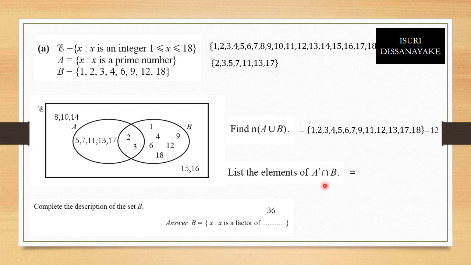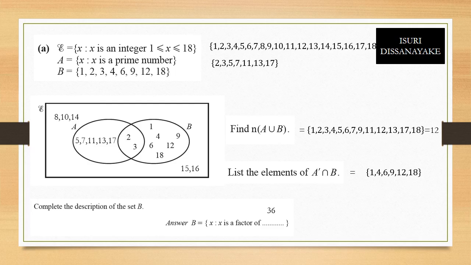So what are the elements in common to not A and B? Not A is excluding the A circle. That's all over here and the outside over here. And B means this circle over here. So the common elements are then 1, 4, 6, 9, 12 and 18.